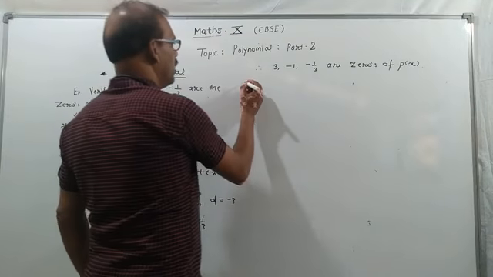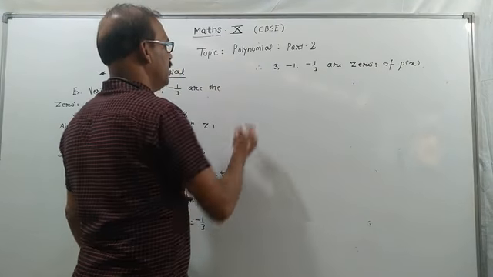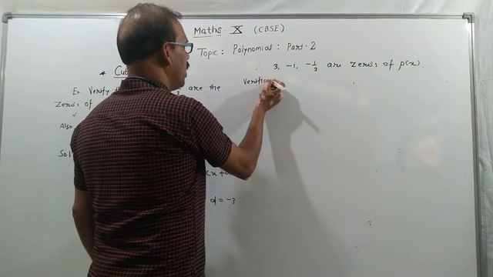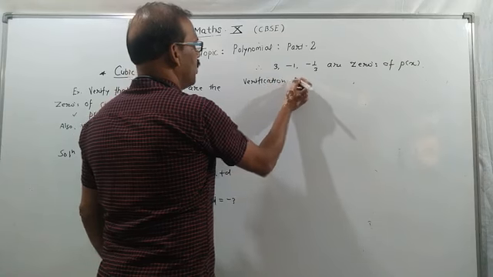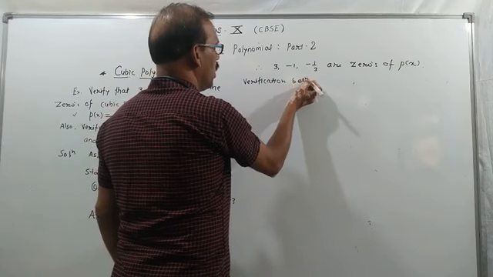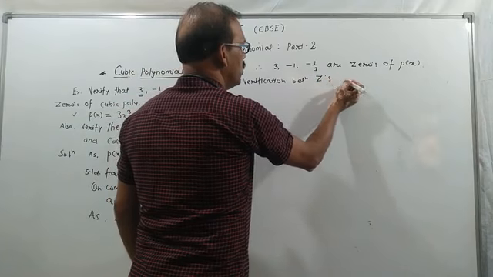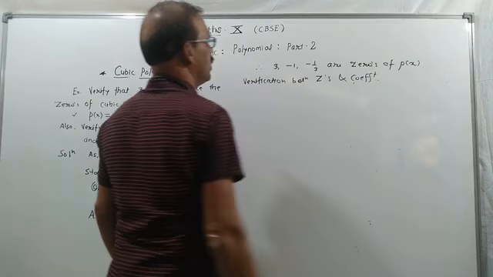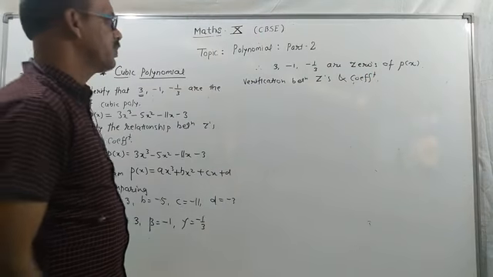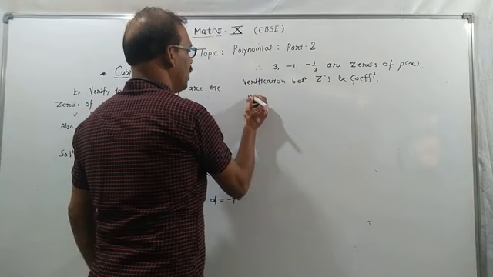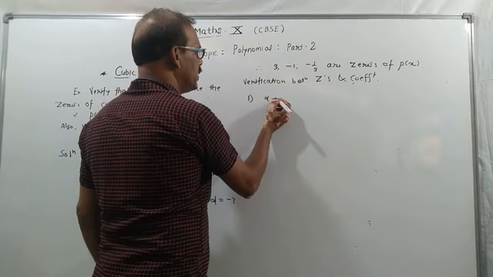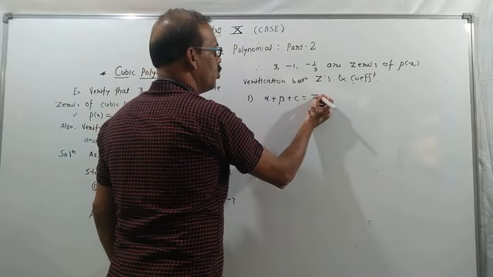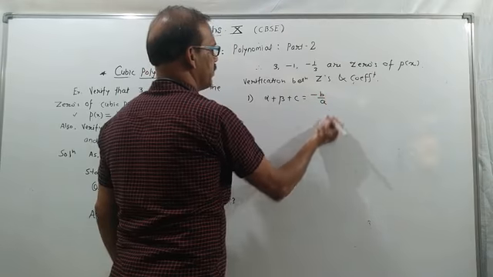First write here, verification between zeros and coefficients. The first one, we know, is that the sum of zeros is always equal to minus b upon a.